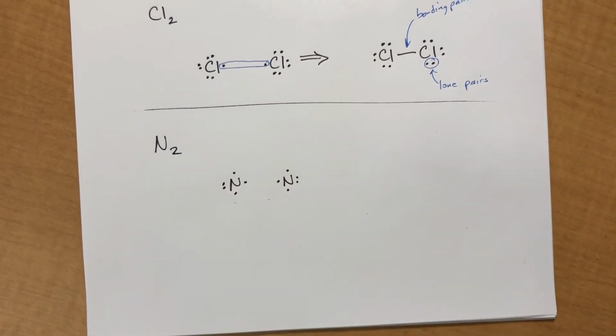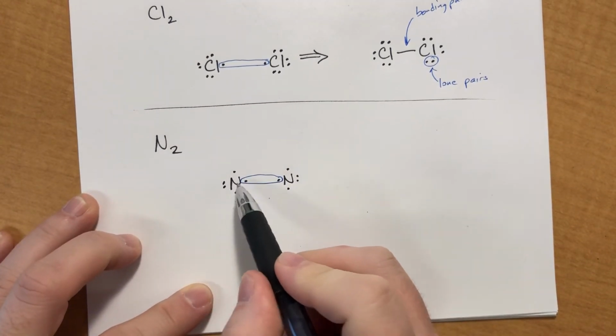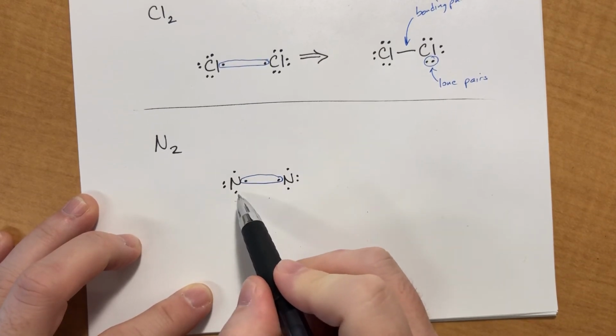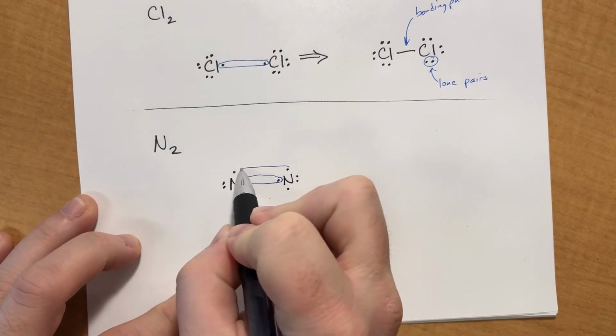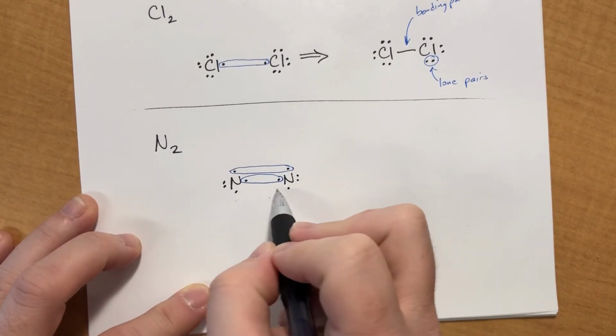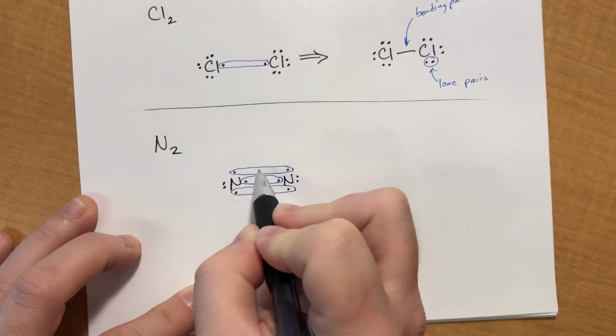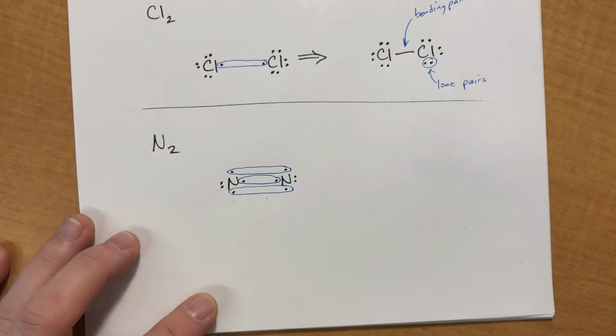We'll do it like that. They both want 8, and they both only have 5 right now. If we share these, that gives us 2, 4, 5, 6. So that's not enough, and they both want more, so do another one. This would give it 2, 4, 6, 8, and this would have 2, 4, 6, 8. So they both have 8.